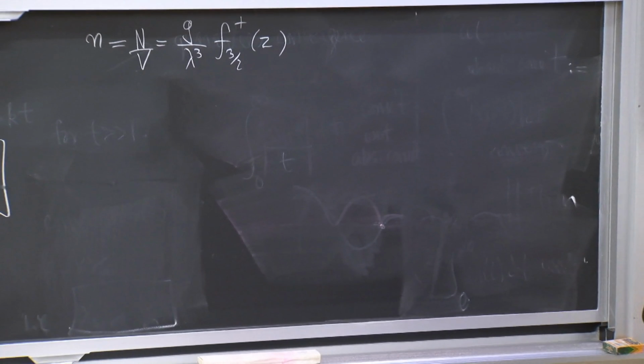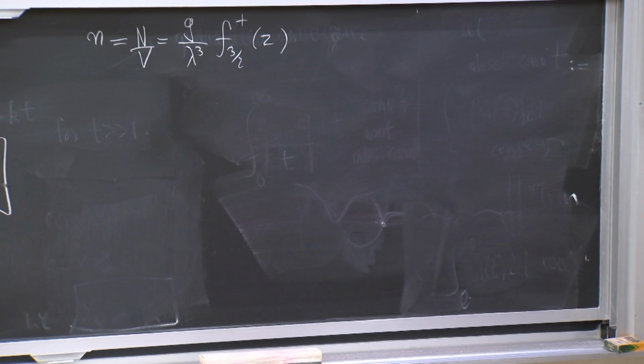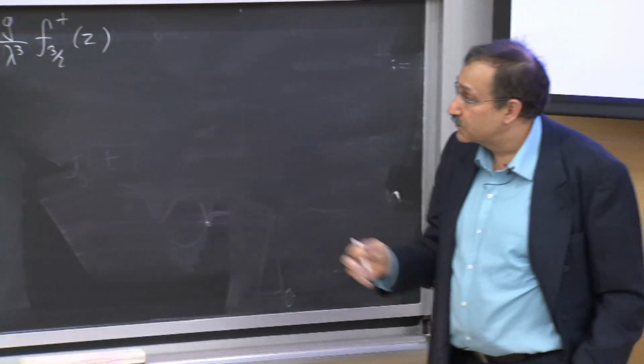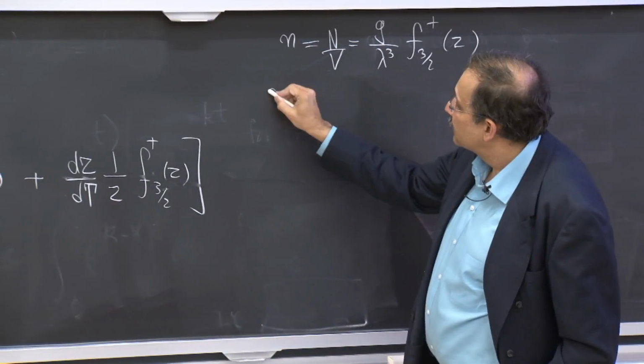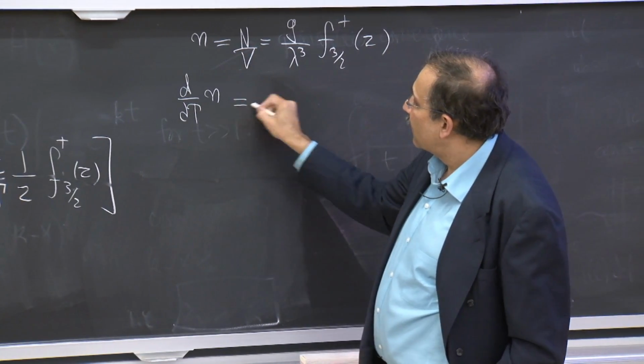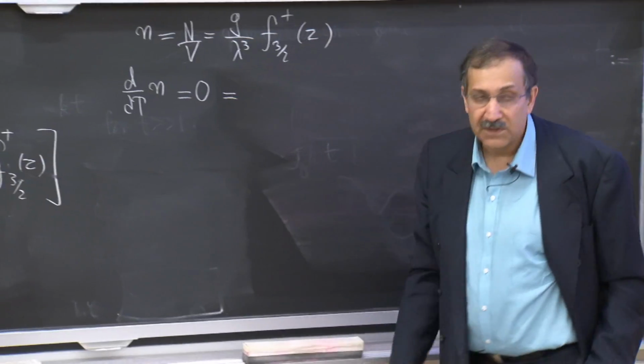So if I take this system and change its temperature while keeping the number of particles and volume fixed so that the density is fixed, I take d/dT on both sides. On the left side, I'm assuming that I'm doing the calculations under conditions where the density does not change.